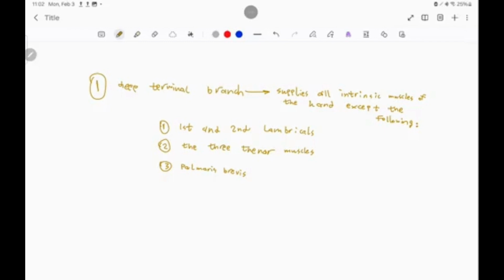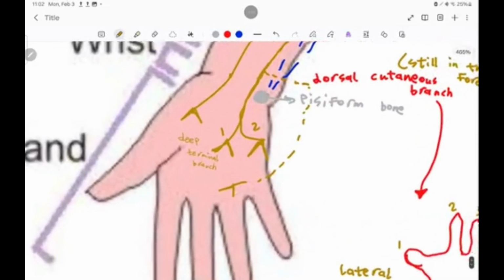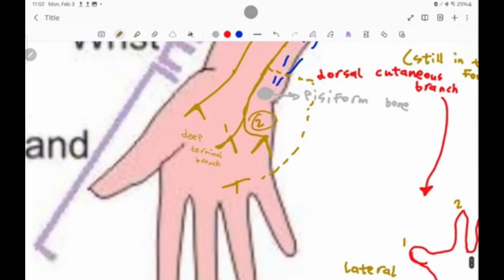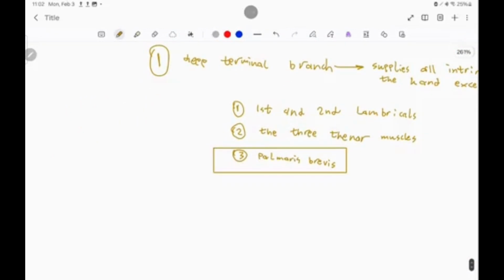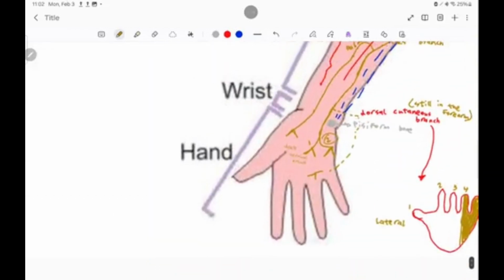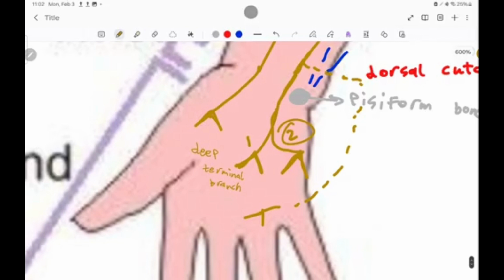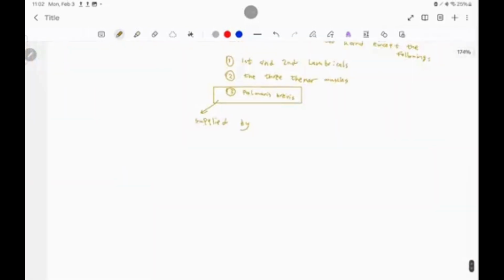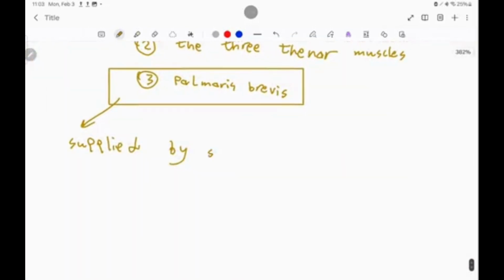So the palmaris brevis is supplied by another branch, which is the second branch, the superficial terminal branch.